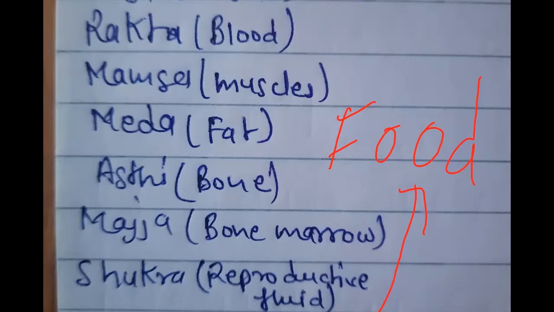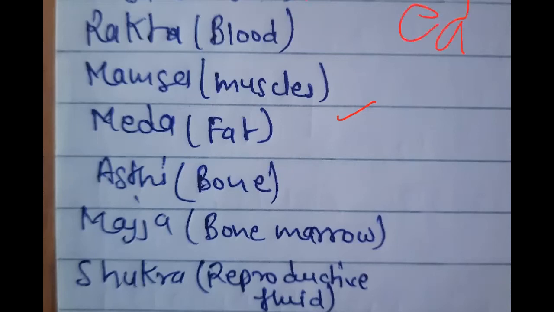Your body creates certain enzymes and breaks it into small particles, and then it becomes the rasa. That is called uncooked rasa. So rasa is divided into two parts. I'll write it down for you: cooked and uncooked rasa. Plasma is cooked, and the second is uncooked, meaning kacha and pakka rasa.